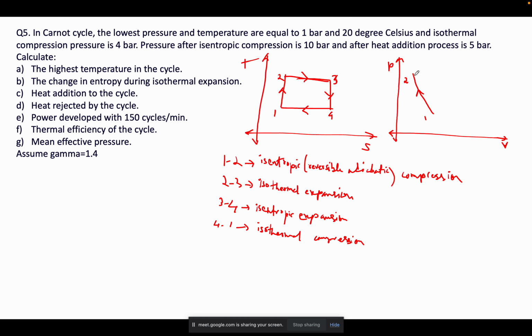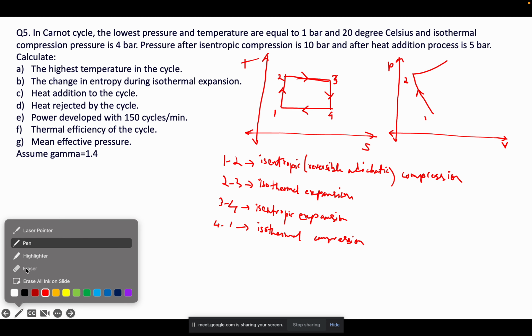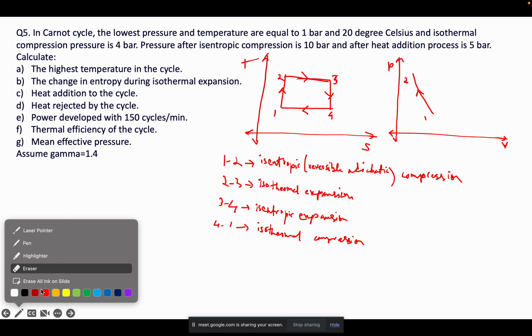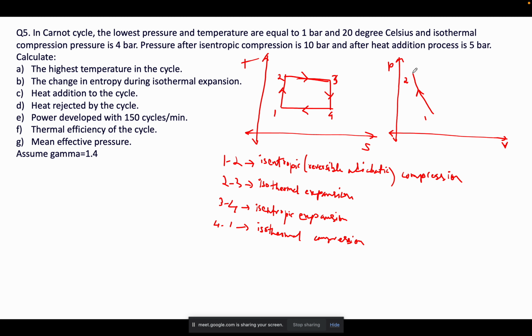Okay, then isothermal expansion like this. Expansion, so pressure will decrease. Then again the same slope, since the gas is the same, so the slope won't change for these two lines, and similarly for these two lines. Okay, so this is for PV and this is for TS.